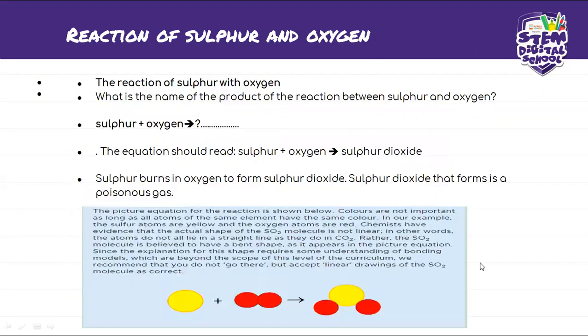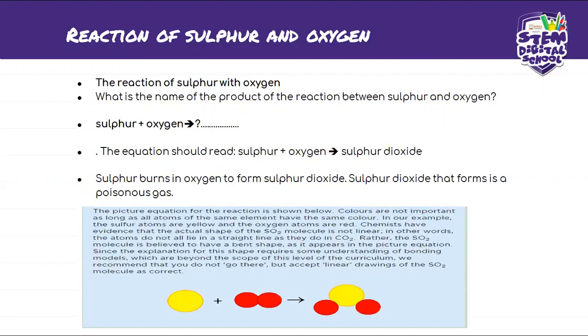Now let's look at the reaction of sulfur with oxygen. What is the name of the product of the reaction between sulfur and oxygen? Can you guess? In a word equation, we have got sulfur plus oxygen as our reactant. So when they come together, can you guess what we are going to have?